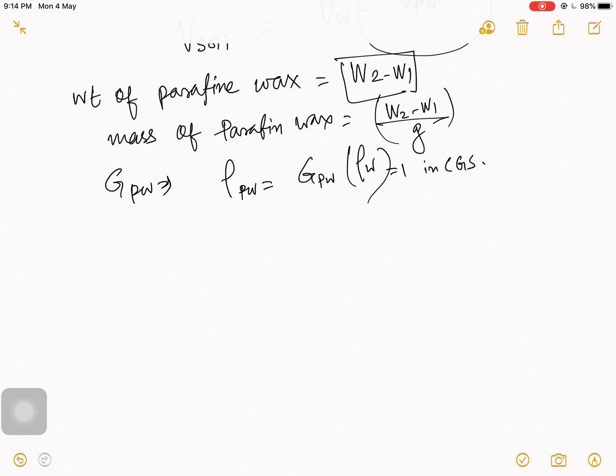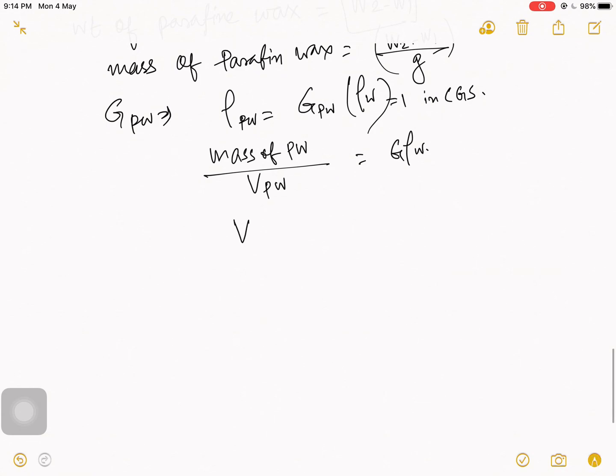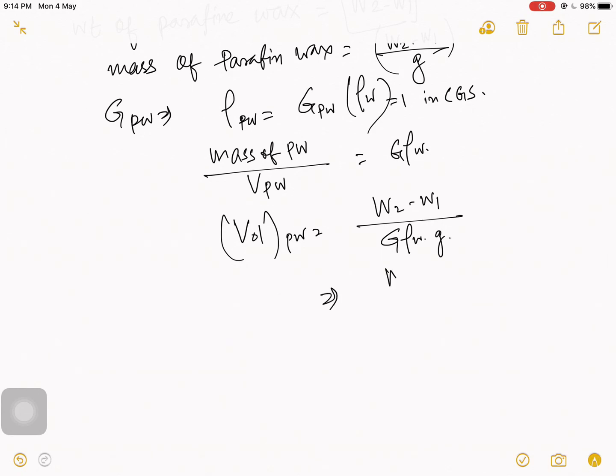So the mass of paraffin wax by the volume of paraffin wax is equal to G rho W. So the volume of paraffin wax is equal to W2 minus W1 divided by G gamma W. Okay, that is the volume of paraffin wax.